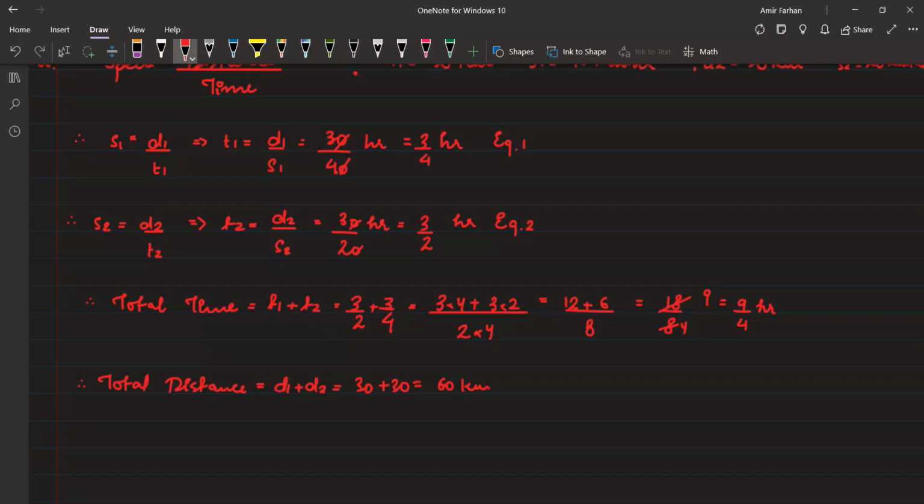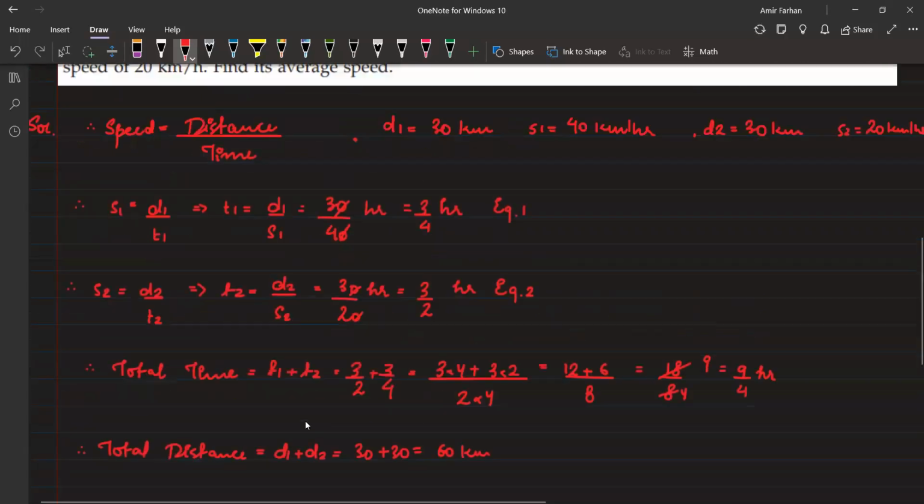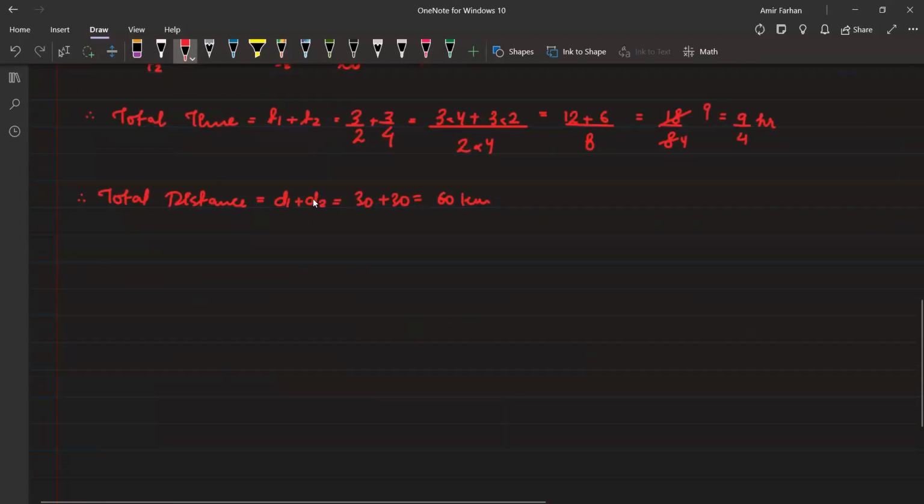Why have I calculated total time? Because I need to find the average speed, so to get the average speed I need the total time.